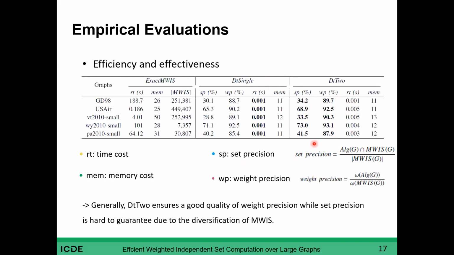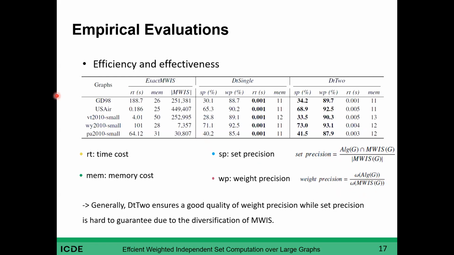The set precision reveals the percentage of the common vertices shared by the exact method and our proposed method, and the weight precision shows how close our weight approaches the exact solution.